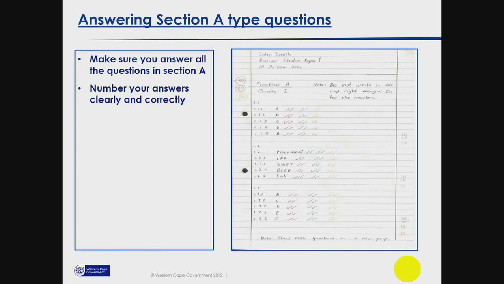Then number your answers clearly and correctly. Make sure that you are firstly getting your number sequence correctly, and secondly, when you are writing your letters down, I've seen a lot of people make a D look like a B or an A look like a B, and then we're guessing as a marker. And you never want your marker to guess because you might not be on the right side of that guess.